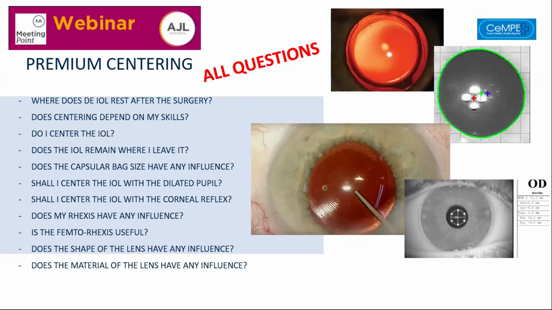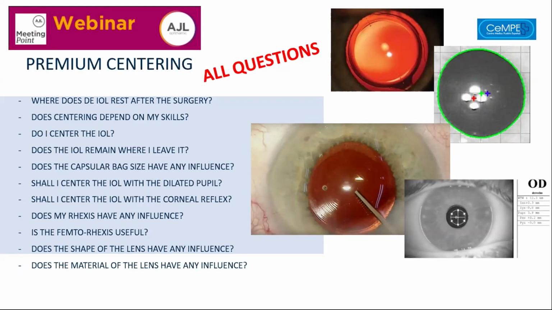And a large rhexis allows the lens to move slightly more, but a larger rhexis produces less bag contraction and fibrosis. So you have to search for the balance.